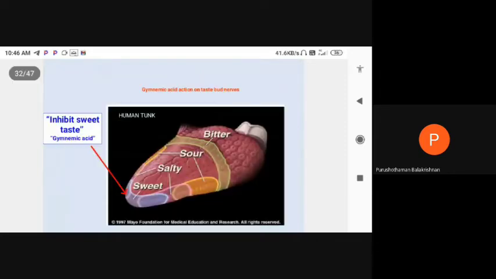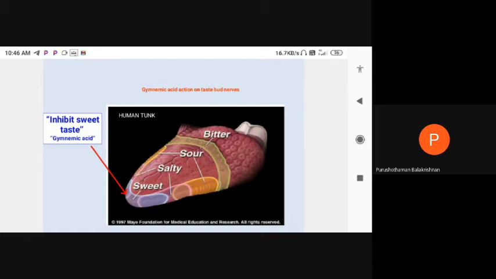Now we want to know whether it inhibits sweetness or not. Traditionally, people take two leaves and eat the leaf; after half an hour, one hour, two hours, you cannot feel any sweet taste.